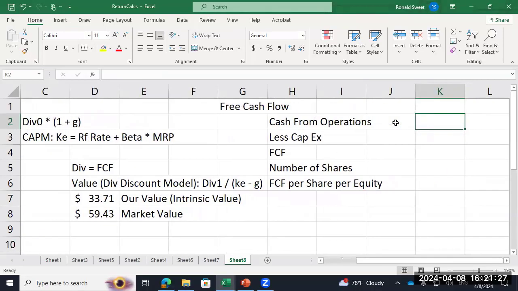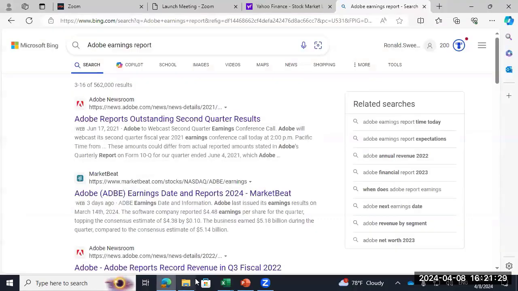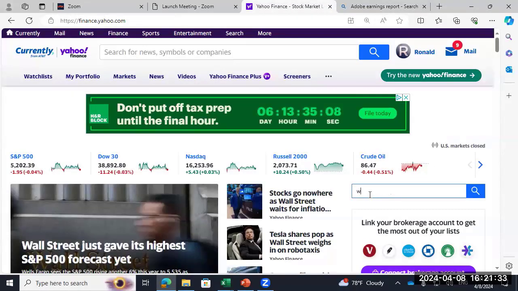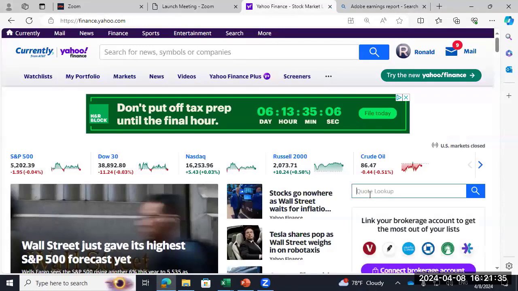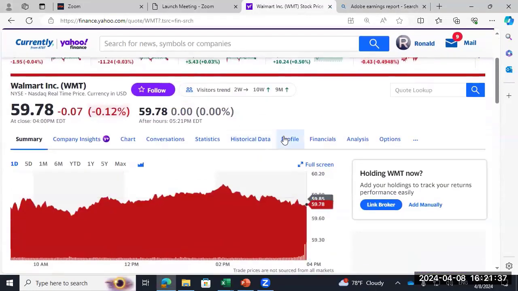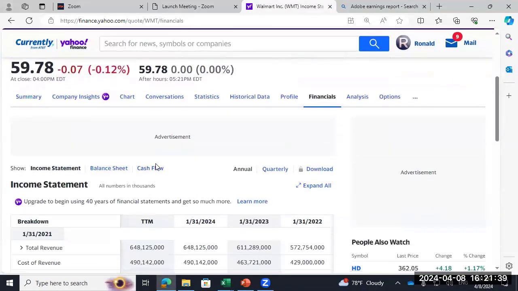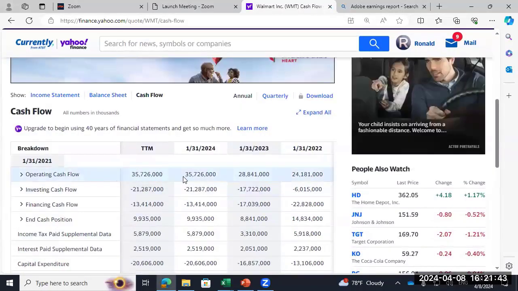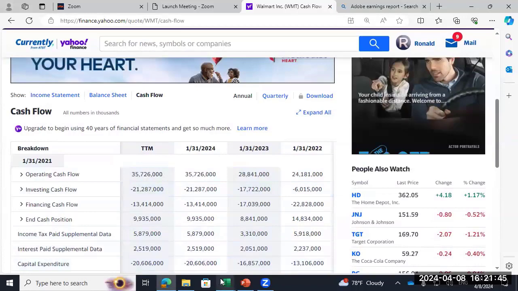So let's go to Walmart. Go to their financials, cash flow statement. So there's their cash from operations, 35,726.